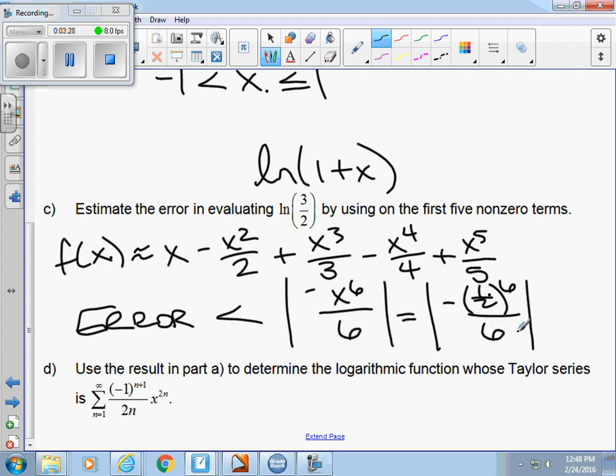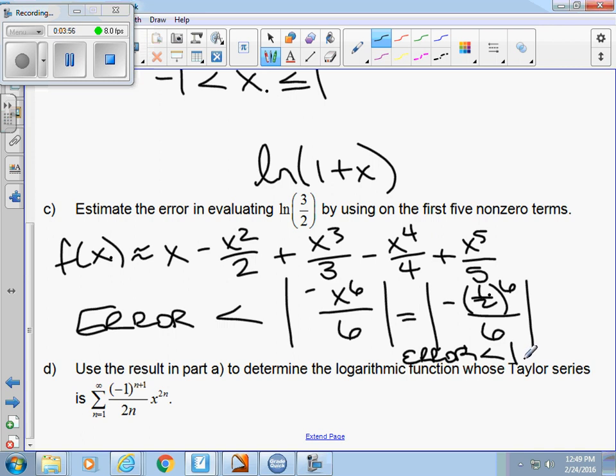Do that for me. It's a negative. It is absolute value, right? So the error is less than the absolute value of, what'd you get?